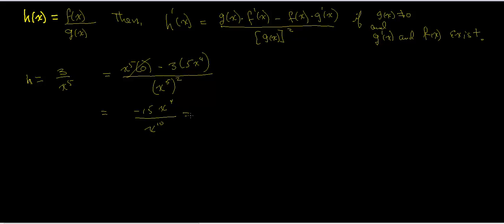And we can simplify this further, which gives us negative 15 x to the 4th over x to the 10th. We subtract exponents, and we end up with minus 15 divided by x to the 6th. 10 minus 4 is 6 in this case. It's not a very difficult problem, but let's try example number 2.